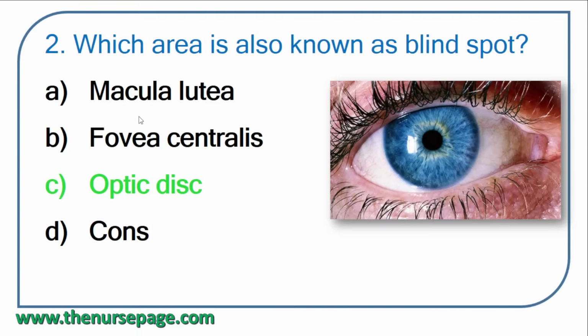In the center of the macula lutea, the photoreceptors called cones are concentrated, giving a clear picture. That central point is known as the fovea centralis. Cones help with color vision. The other photoreceptors, rods, help in black and white or dim light vision.